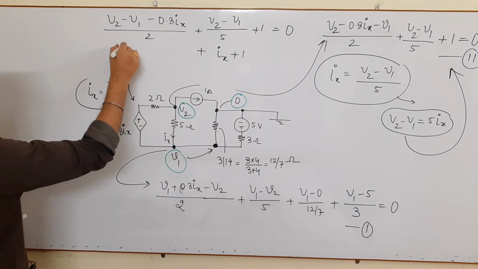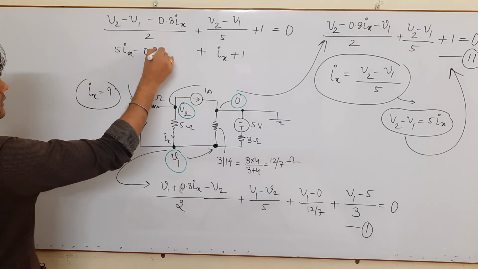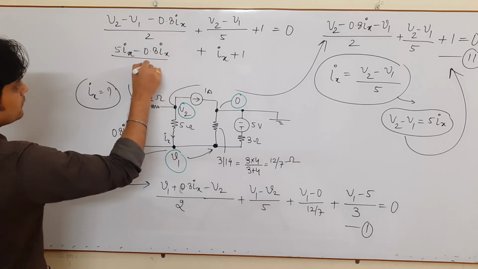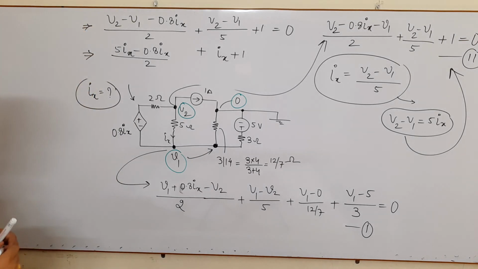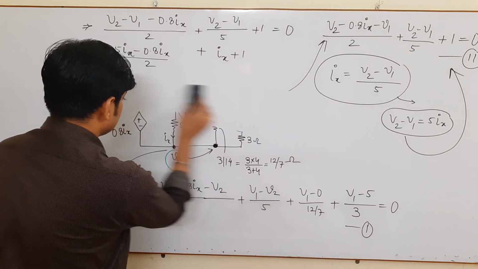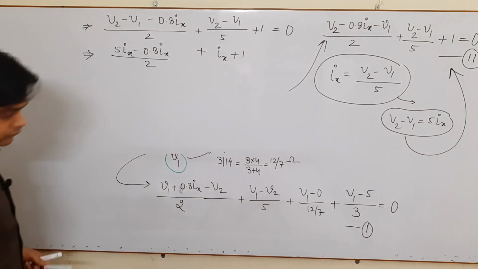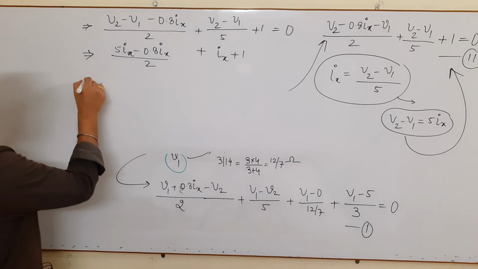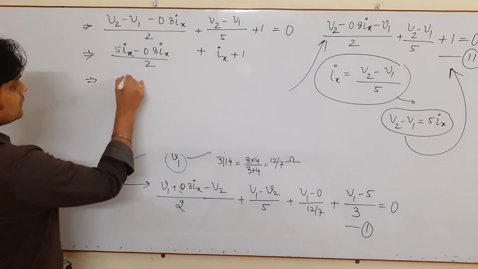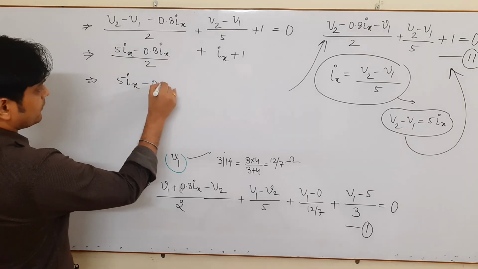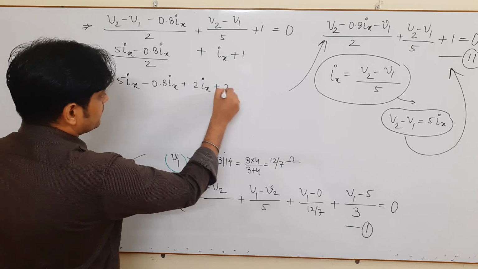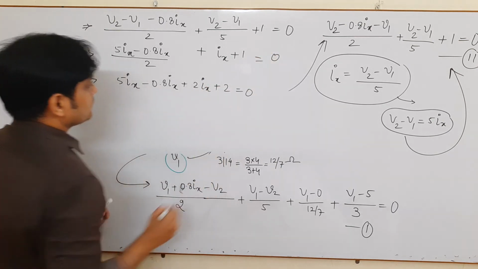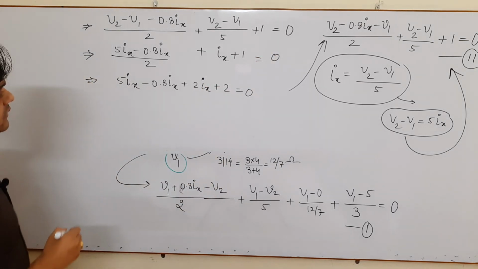So I can write here 5Ix minus 0.8 Ix upon 2. Can I get the answer? Yes. From here I can say it is 5 of Ix minus 0.8 Ix plus 2 Ix plus 2 is equal to 0.